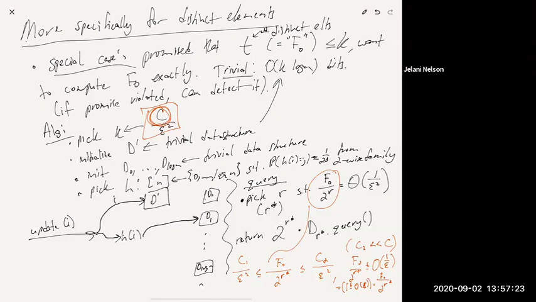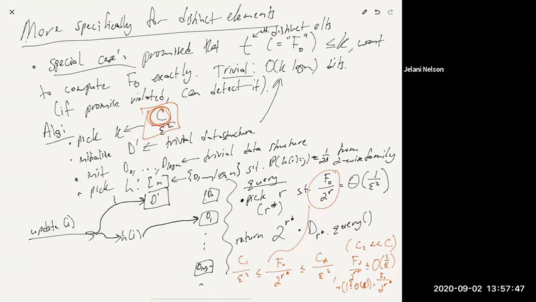And so this is why we chose K the way we chose it. We wanted to make sure that the square root of the expectation was only an epsilon fraction of the expectation. So we chose it so that the expectation was 1 over epsilon squared, so that the square root was 1 over epsilon, which is an epsilon fraction of that.